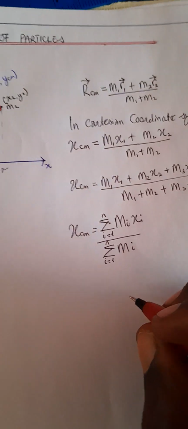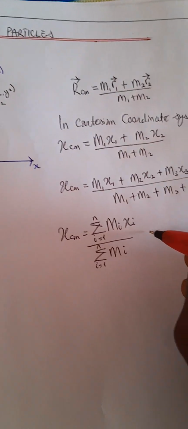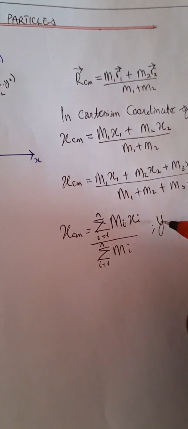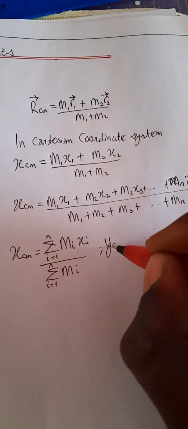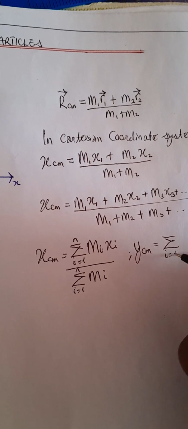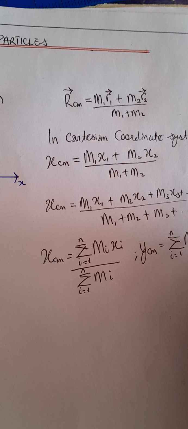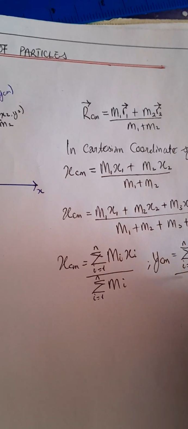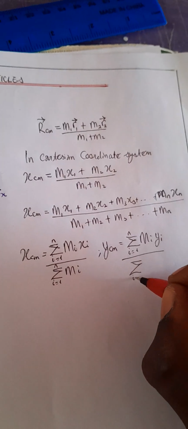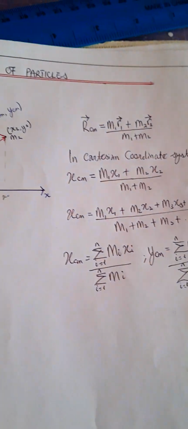Now, what applies to x also applies to y and also applies to z. So I will just write the same thing for the y coordinates. It's just the summation of i equal 1 to n of mi yi over summation i equal 1 to n of mi.